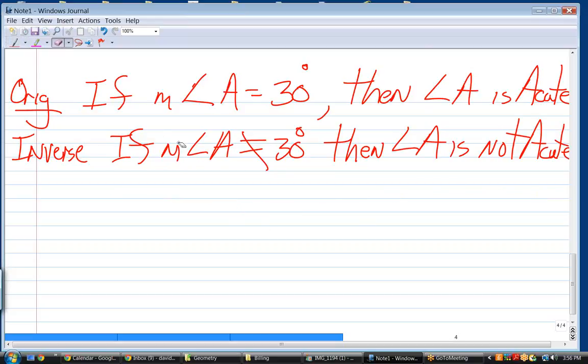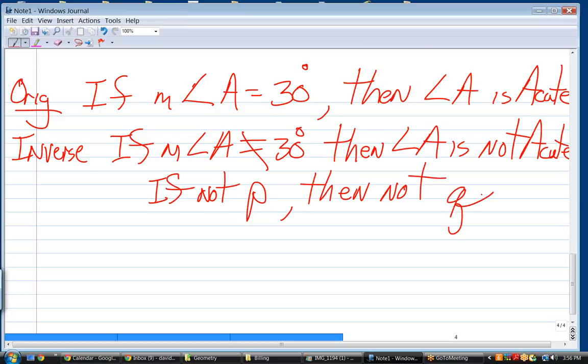So the inverse, if the original is if P then Q, then the inverse is if not P, then not Q. And in this case, the inverse is not true. Not true. Okay? But it's still called the inverse.